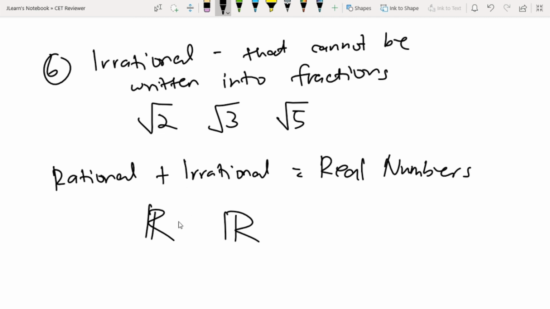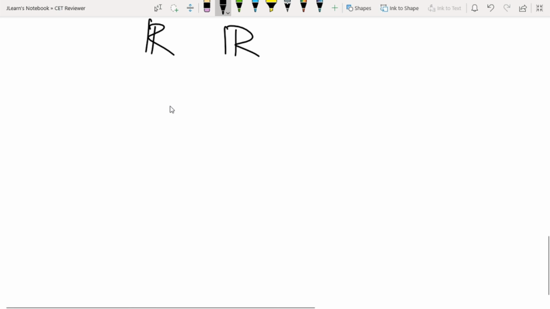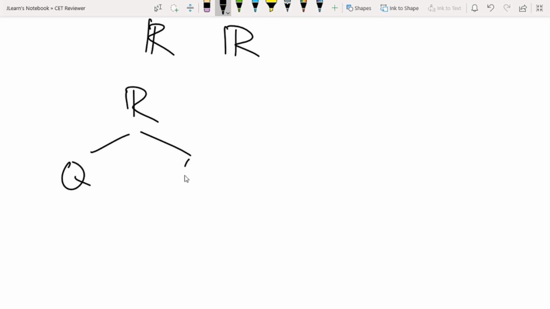So, a very good way to represent all of these ay yung R yung pinakamalaki. So, R, then yung R madidivide into Q and Q prime. So, ano yung Q? Kung yung R ay real, yung rational hindi na pwede maging R, no? So, we just call them Q. Okay? And then Q prime ay mga irrational numbers.